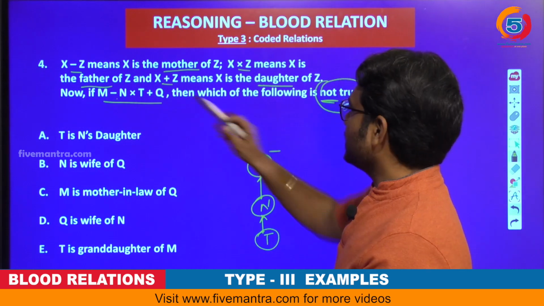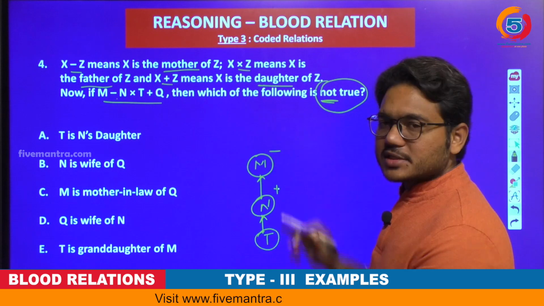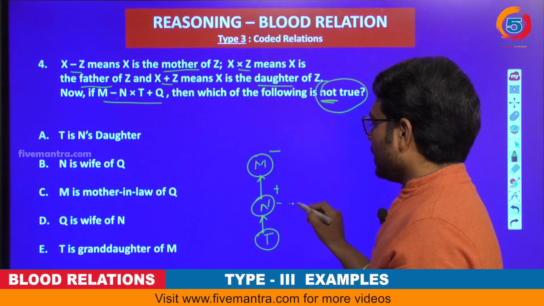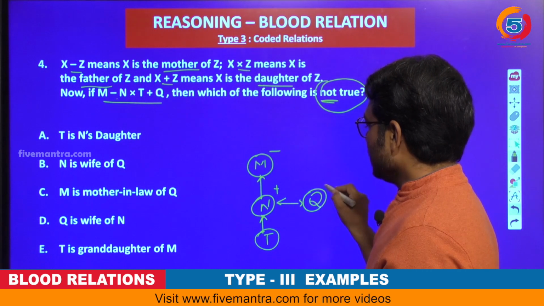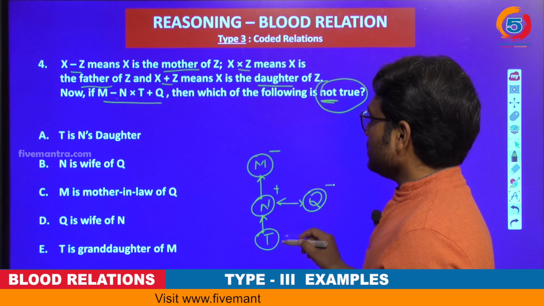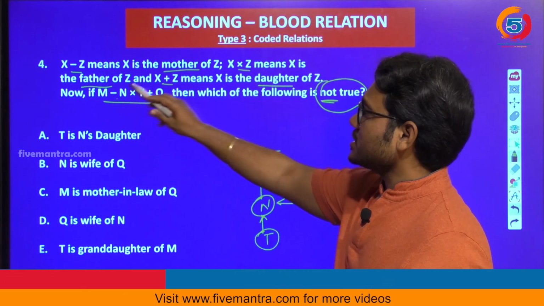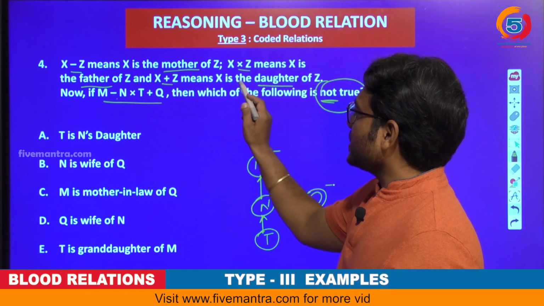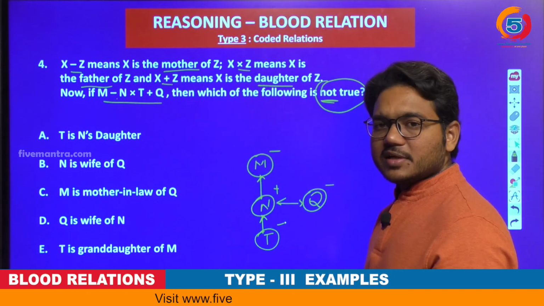In the sense, from these two statements it is obvious that Q and N are a couple. So Q will be the mother of T, and N cross in the sense father of T, and T plus indicates daughter. So obviously T is a female.